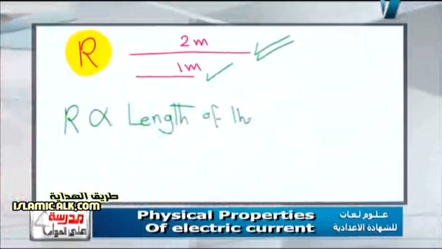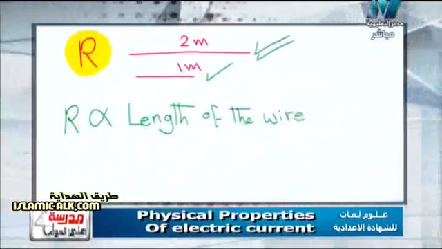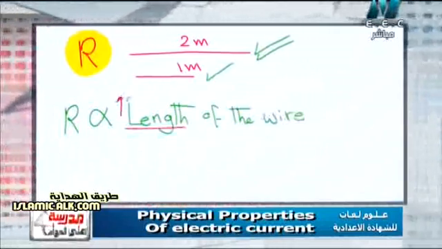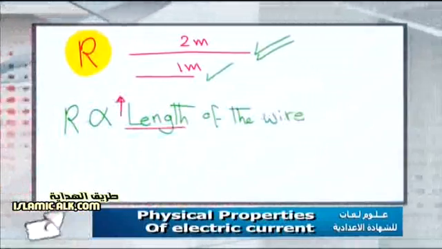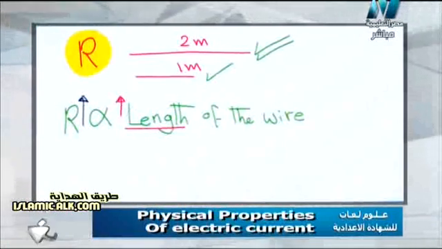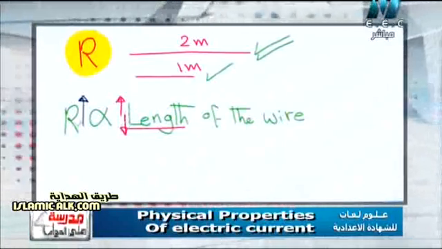Which means what? Which means if the wire length increases, the electric resistance will increase also. If the length of the wire decreases, the electric resistance will decrease also.